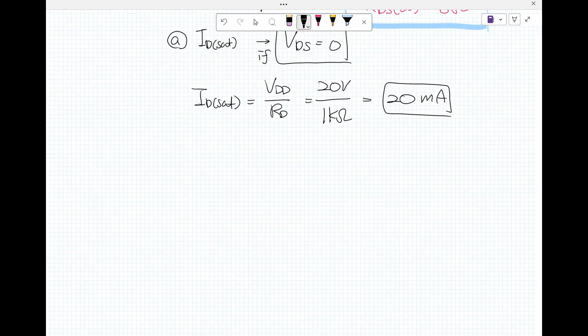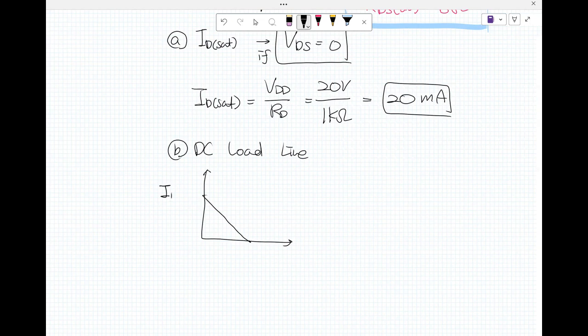Okay, now we can draw the simple DC load line, right? Because that was I sub D saturation.